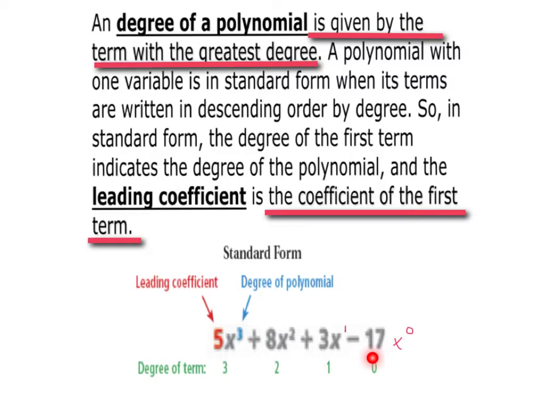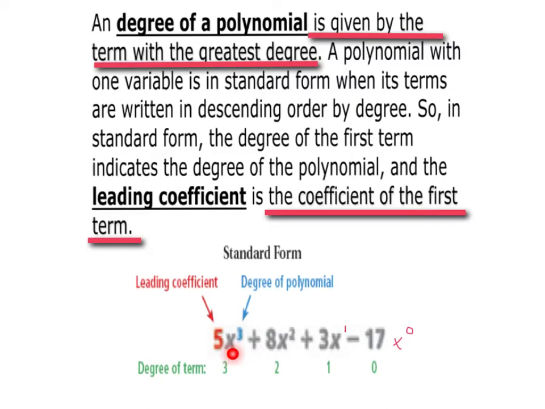Okay, now, what is the degree of this polynomial? What is the degree of the term in the front? By the way, the term in the front is called the leading term. Okay, so you might want to write that off to the edge on the left side in the notes section of your Cornell notes. You're going to call it the leading term.